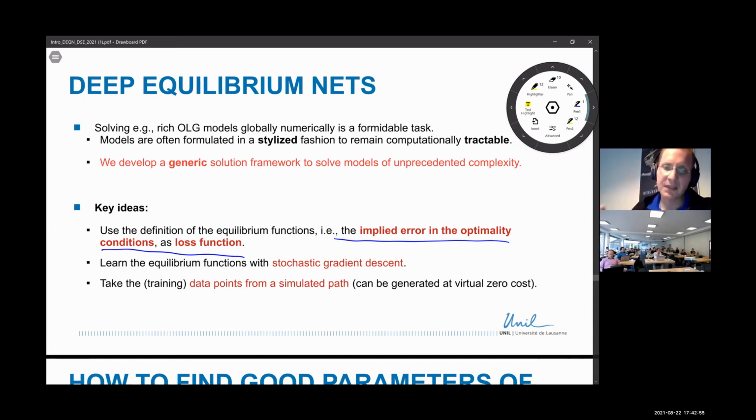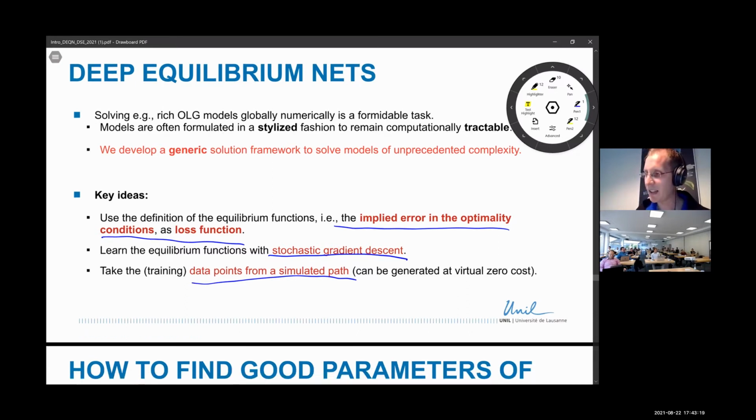Then once we have that, we use stochastic gradient descent to learn the equilibrium functions. And finally, because we can simulate the model instead of invoking solvers, we can generate a lot of training data. Okay, so that was a bit blurry. Now let's get to the point.